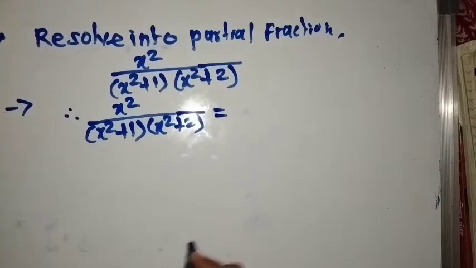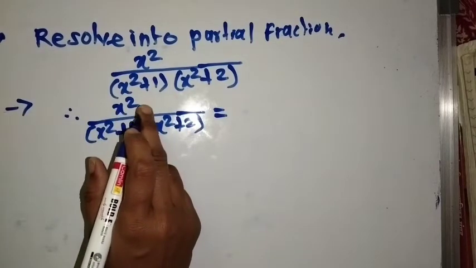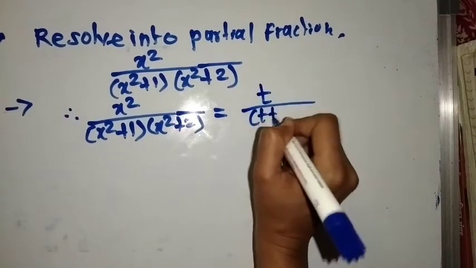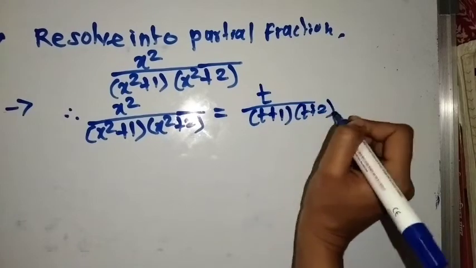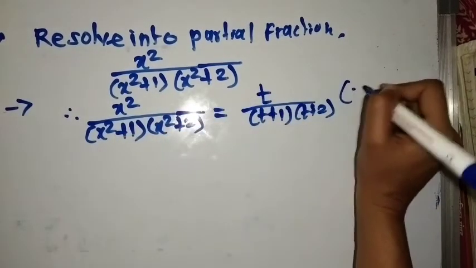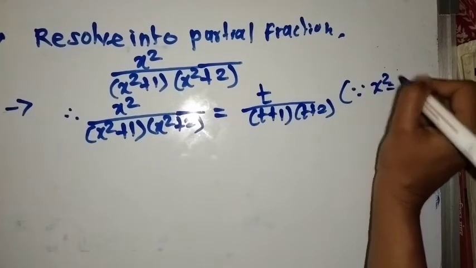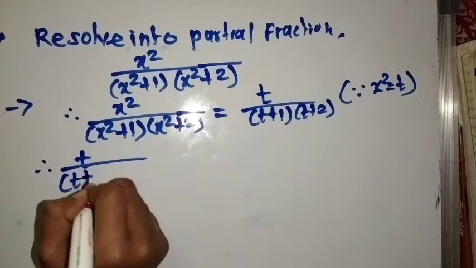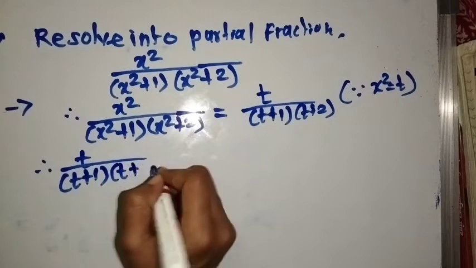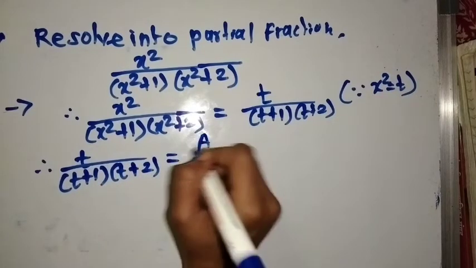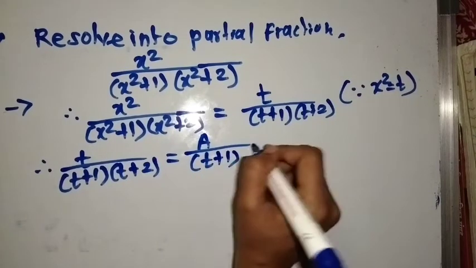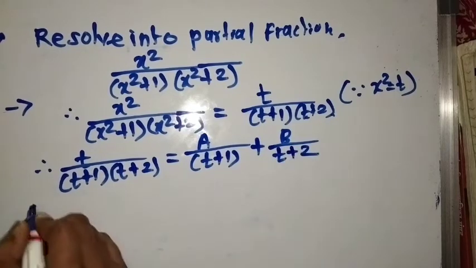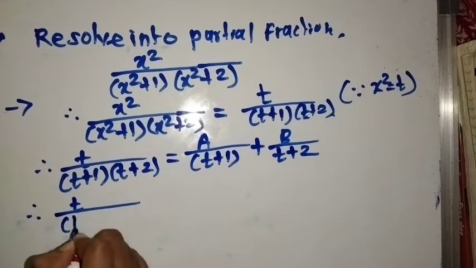which is equal to, first put x square is equal to t, so t upon t plus 1 into t plus 2, since x square is equal to t. Then t upon t plus 1 t plus 2 is equal to a upon t plus 1 plus b upon t plus 2. Then we multiply these.